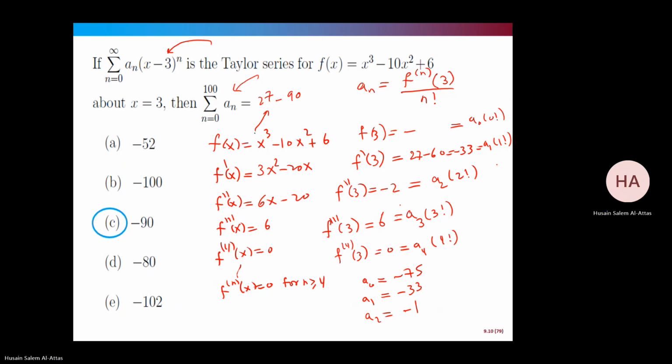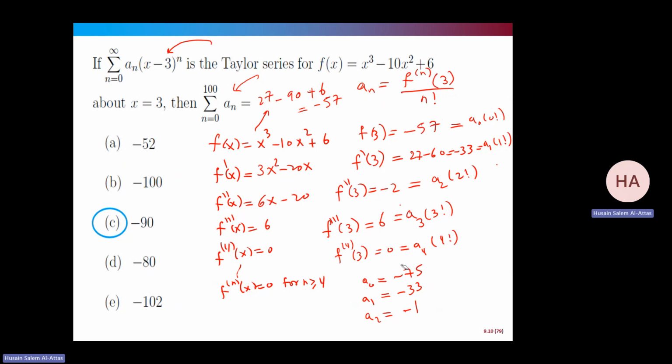27. 3 cubed. 27 minus 90 plus 6. That will be 33 minus 90, which is minus what? Minus 33 plus 90. 57. Yeah, so this is 57, not 75.